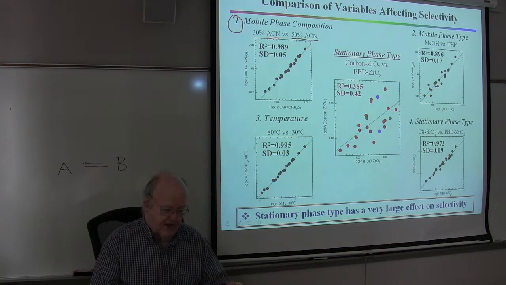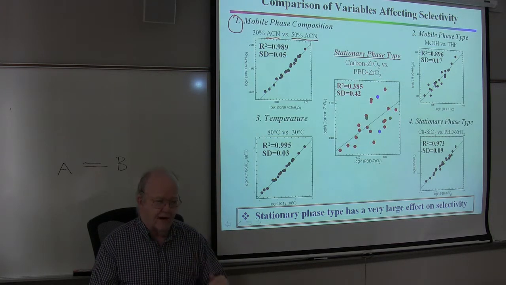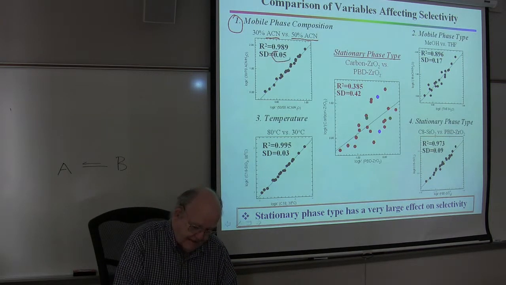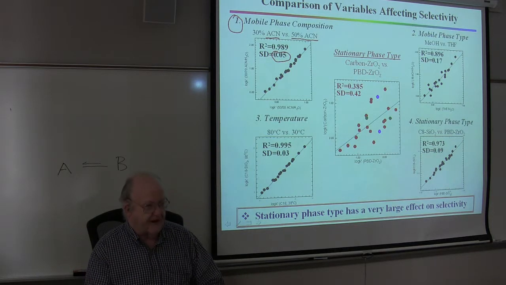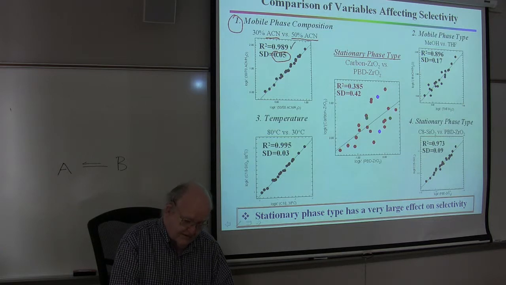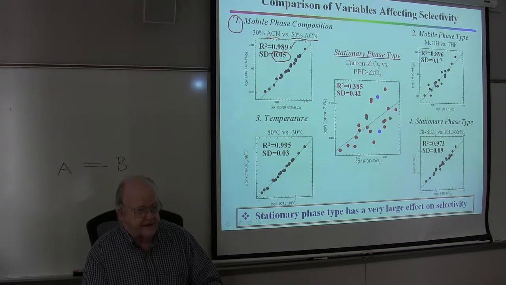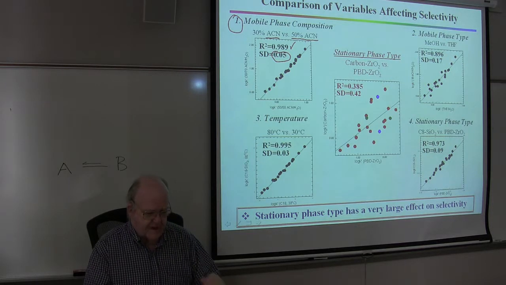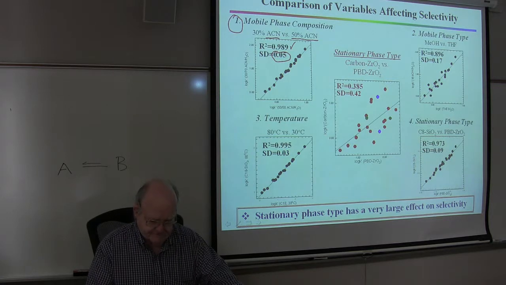So changing percent organic modifier, I'm not saying it doesn't affect selectivity, it does, because we have scatter, and the data are much more precise than that. The scatter is due to the fact that we're using two different conditions. And the correlation coefficient is not 1, it's definitely less than 1.